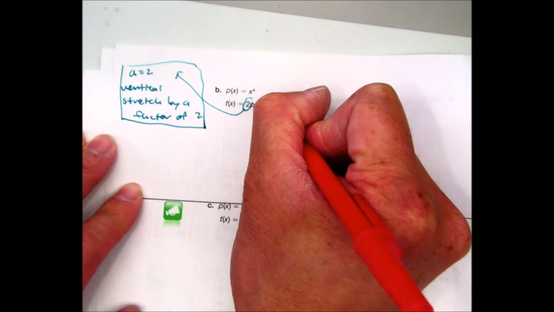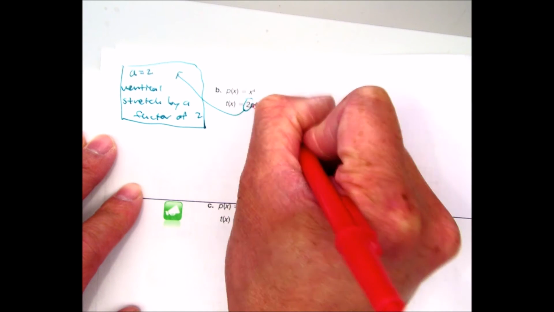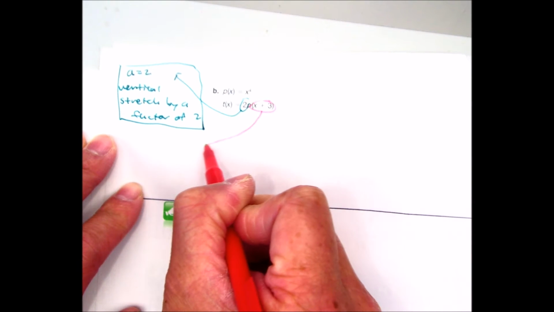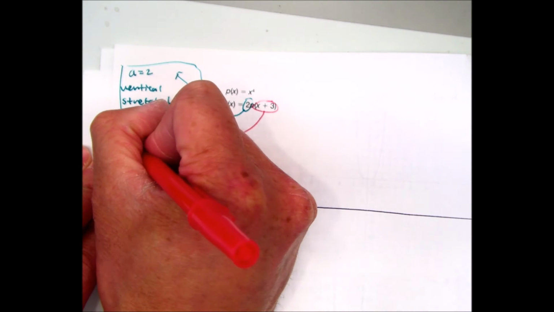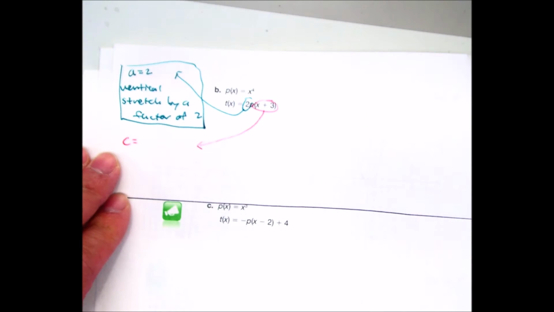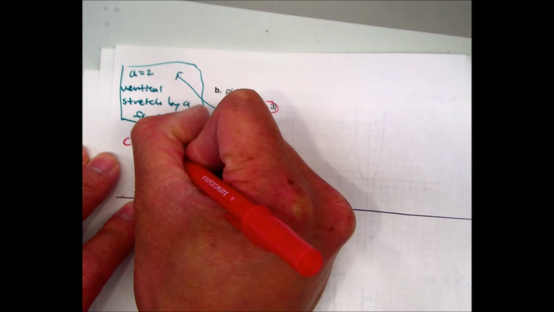What does this 3 do? Is it inside or outside? B, C, or D? Okay. Thumbs up, thumbs down. C is equal to a -3. Show me your thumbs. Take a guess. Okay. C is actually equal to -3.